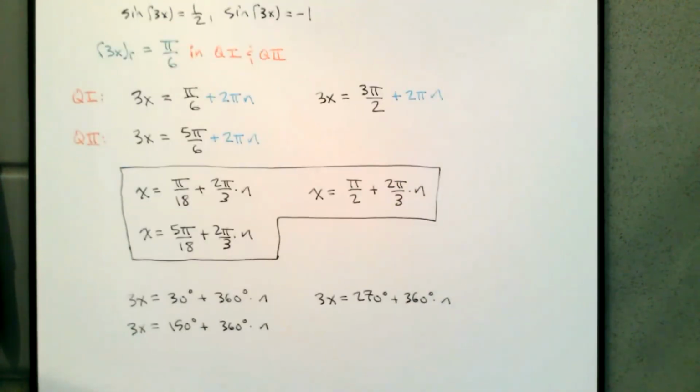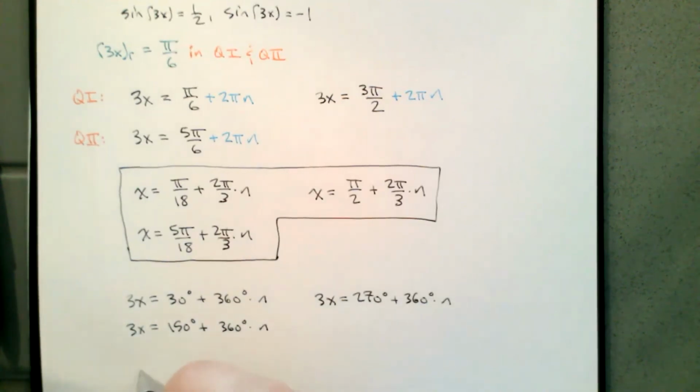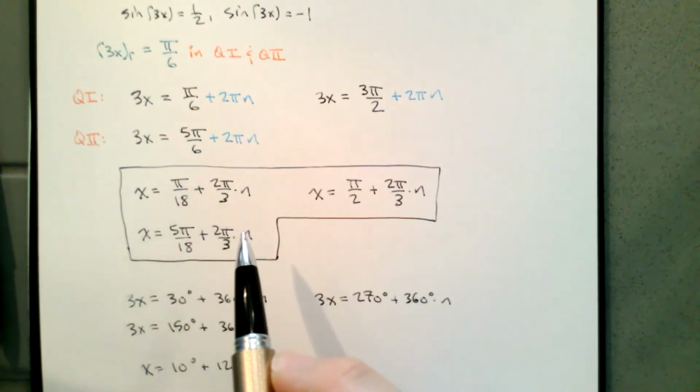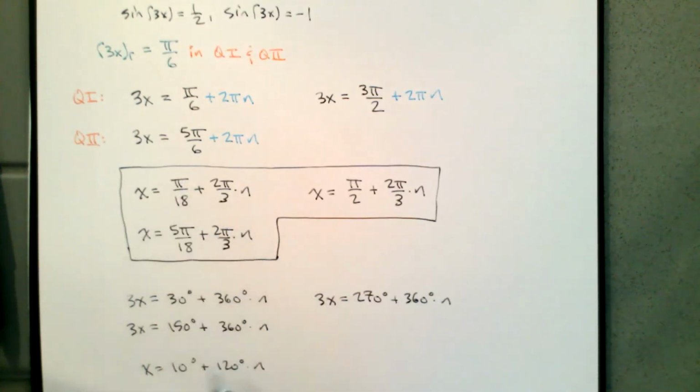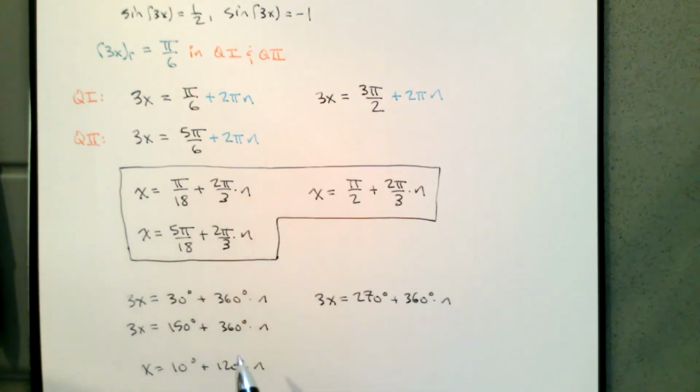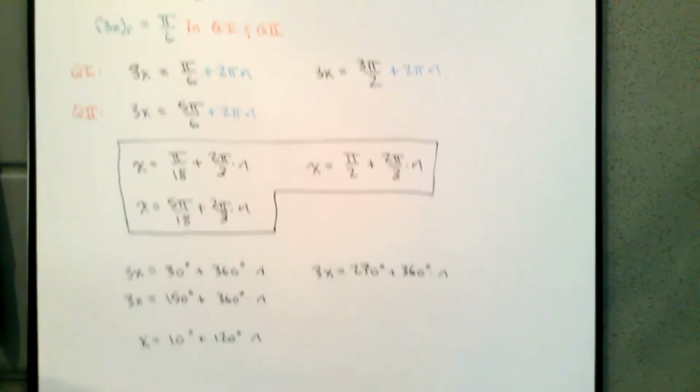When we go through and divide by 3, x will be, this 30 degrees divided by 3 is 10 plus 120 times n. Notice that 10 degrees is pi over 18. Pi is 180 degrees divided by 18 is 10, so it's matching so far. 2 pi over 3 we know corresponds to a 120 degree angle, and there it is, 120.